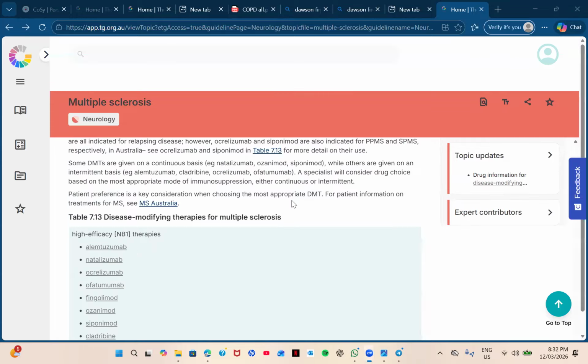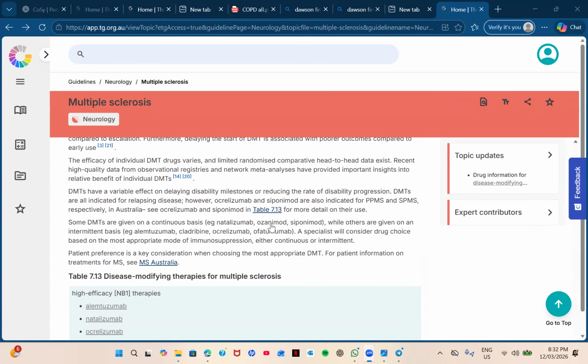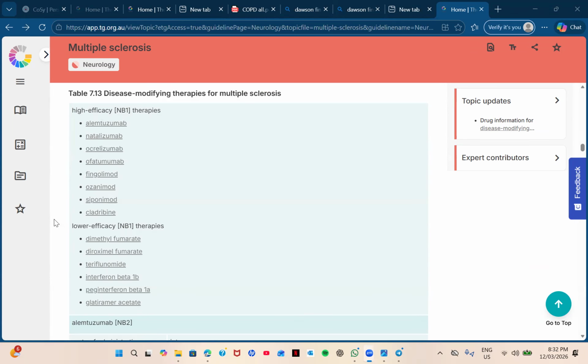Okay, we have disease modifying therapy, right? Under disease modifying therapy, what do we have, doctors? These are the drugs of choice. We have high efficacy drugs and low efficacy drugs, right?